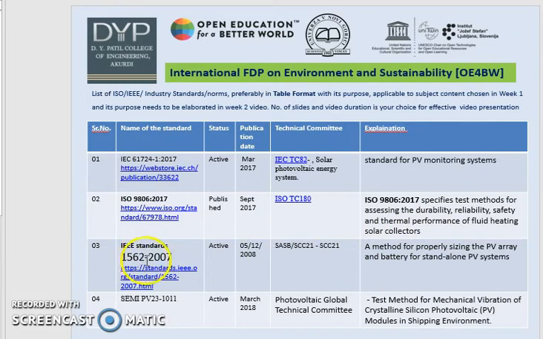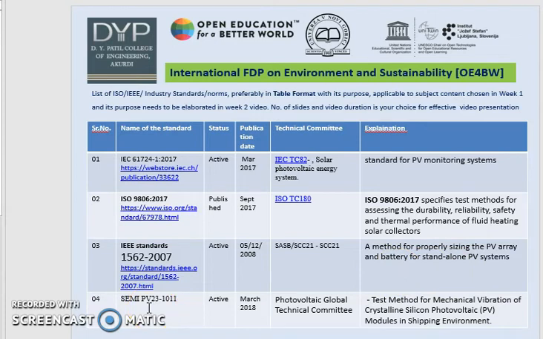IEEE standard 1562-2007 is active, published on 5 December 2008. The committee is SASB SCC21, and it gives a method for properly sizing the PV array and battery for standalone PV systems.